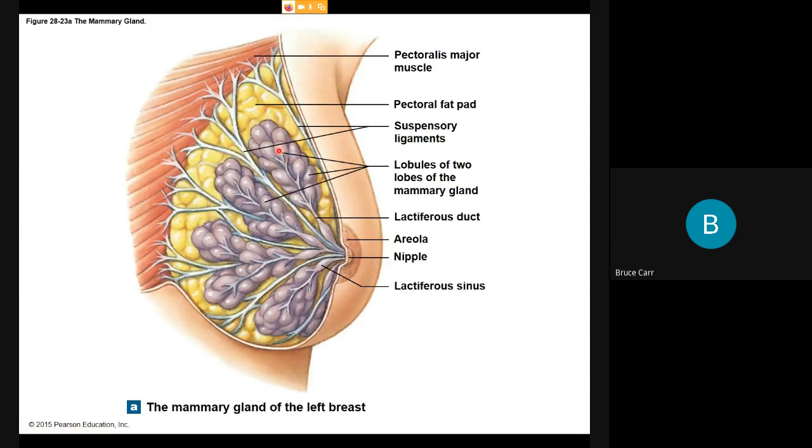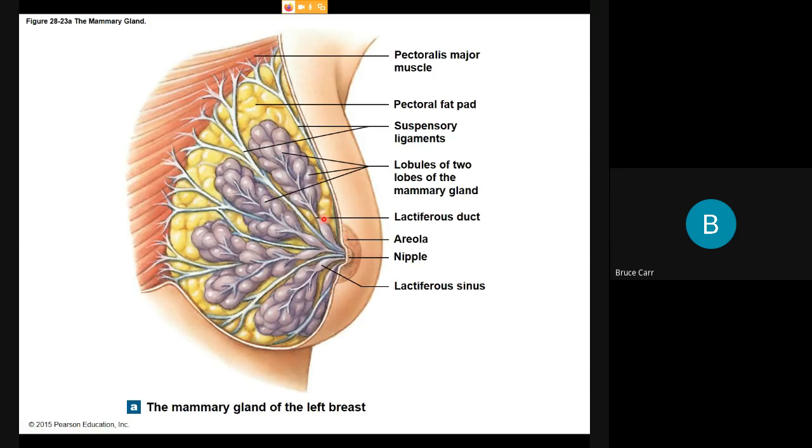Here are the individual lobules connected by ducts that converge on this common pathway, the nipple and areola. This produces a network of pathways leading to the nipple.